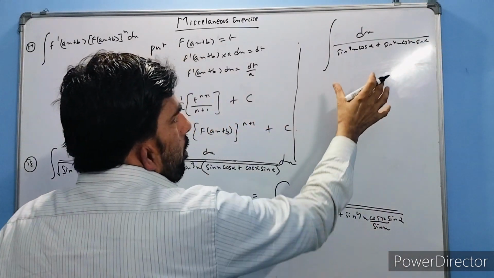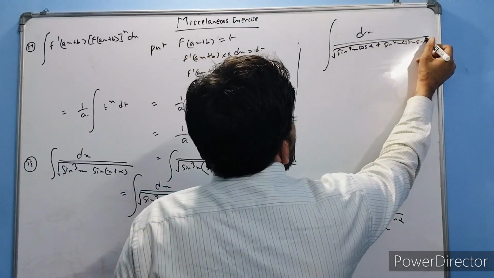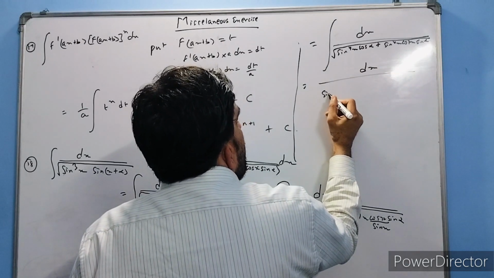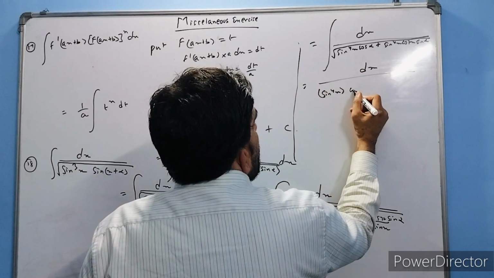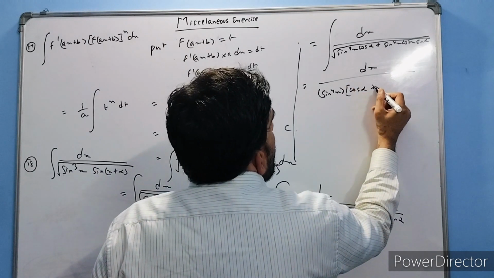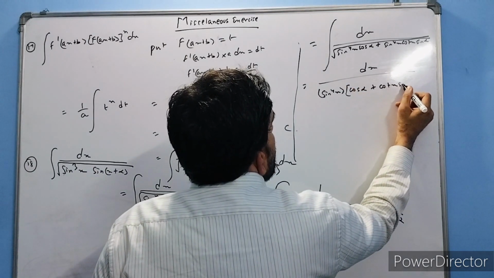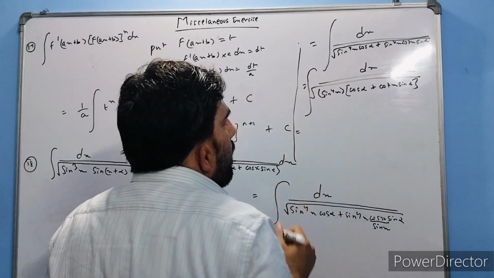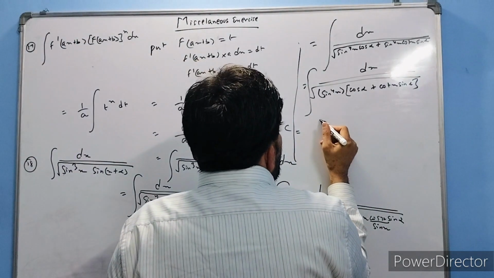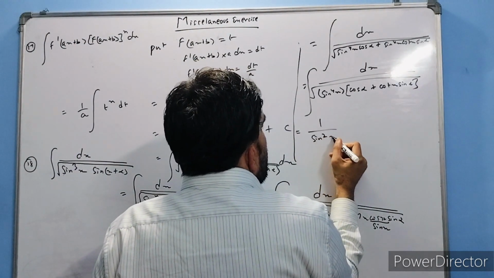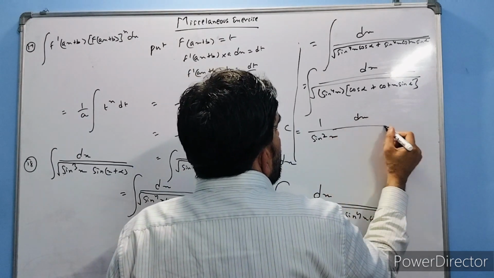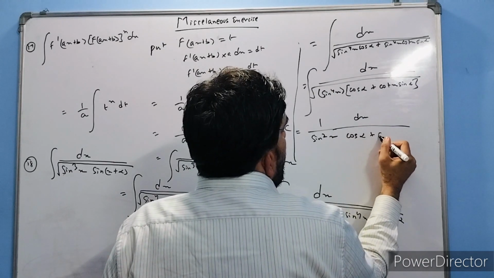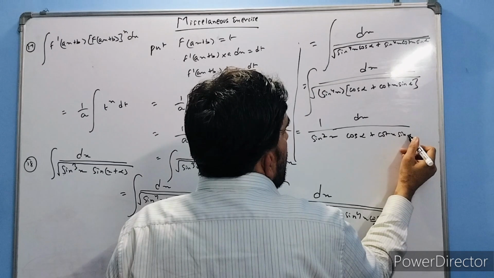Now we'll take sine power 4x outside, we'll take it common. So what will happen, I will have sine 4x times cos alpha plus cot x sin alpha. Now my next step will be to take this outside, so it will become sine square x dx upon the root of cos alpha plus cot x sin alpha.